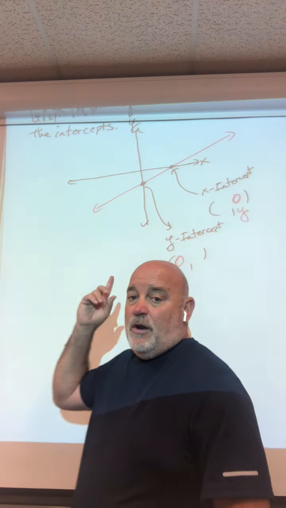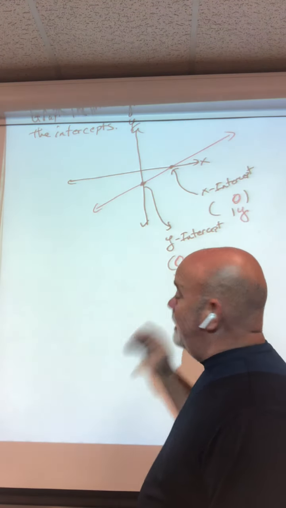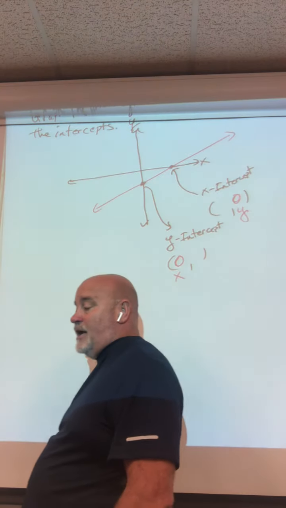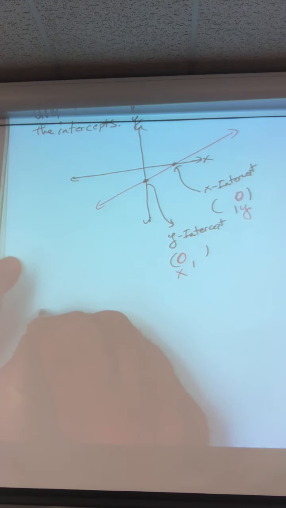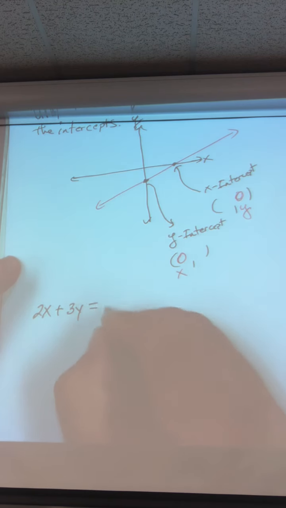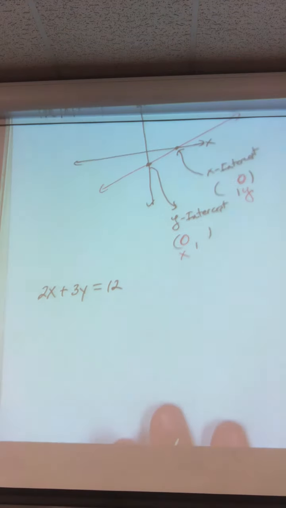Okay, so you wrote the instructions down a while ago. It says graph by using the intercepts, and you have a few in your homework like this. So let's look at this particular problem right here: 2x plus 3y equals 12.